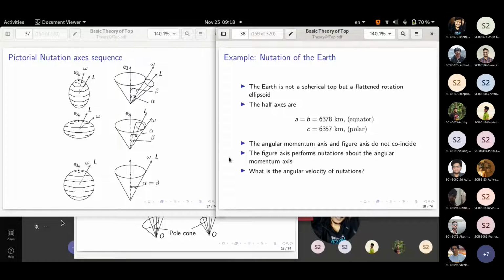So we are trying to compute what is this angular velocity, what is the rate at which this nutation occurs. So you have to imagine you have an angular momentum vector fixed in the inertial space and how the figure axis is going to move around the angular momentum vector. So this is your nutation. There is one more concept, precession, which we will discuss in the next example.